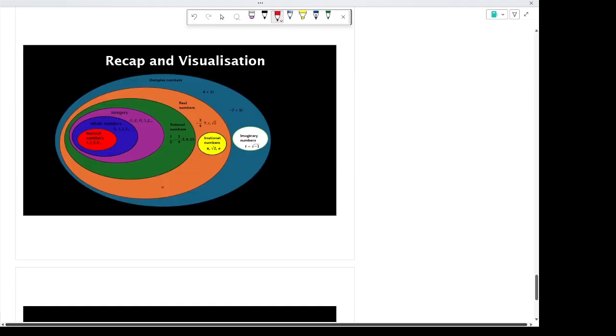Let's do a quick recap with a diagram to show how all these types of numbers fit together. The natural numbers are inside the whole numbers, and the whole numbers are inside the integers. The integers are inside the rational numbers.